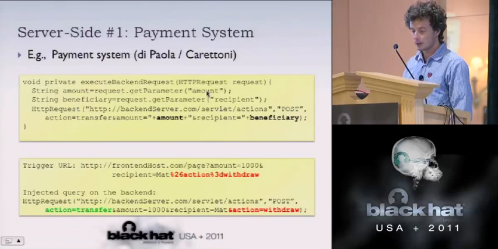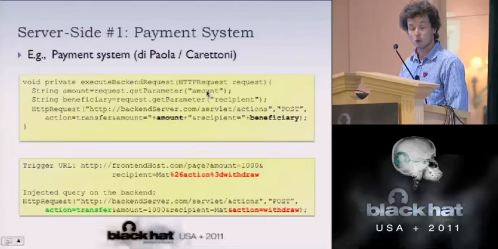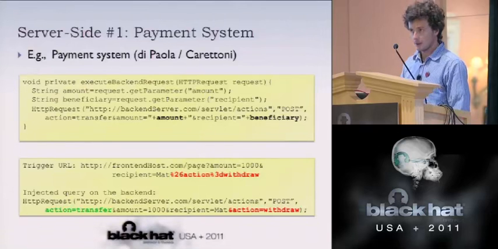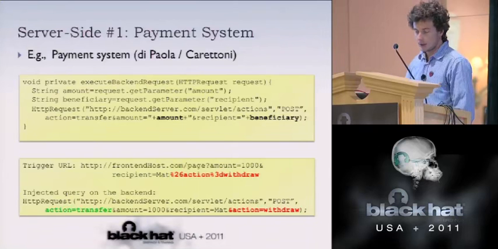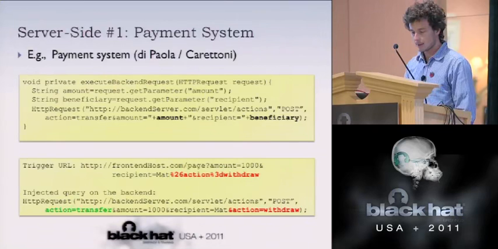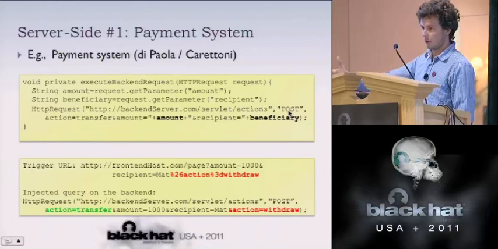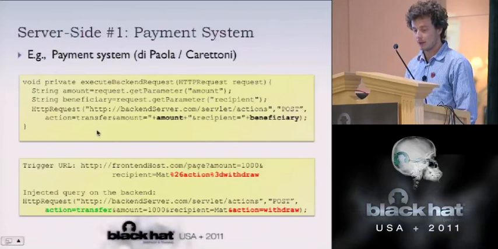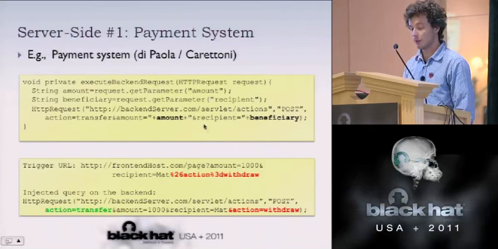One is the amount of money that you want to transfer, and the other is the recipient of your transfer. What the front end does is build a query for a backend server. Actually, it makes a POST to the backend, specifying that you want a transfer of this amount of money to this recipient.